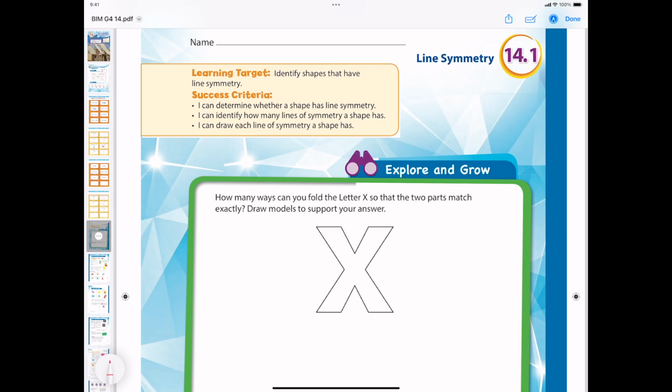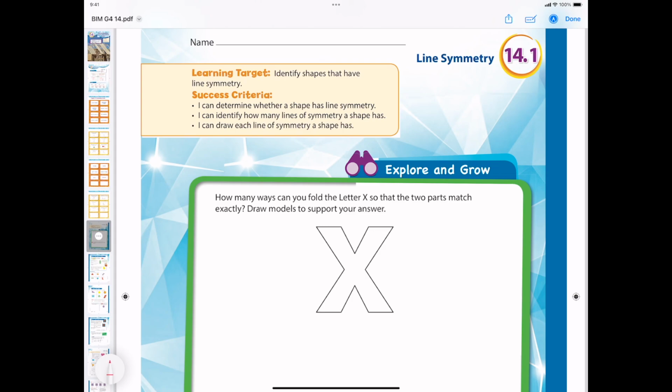Identify shapes that have line symmetry. Okay, and I can define whether a shape has line symmetry or identify how many lines of symmetry a shape has. Draw each line of symmetry a shape has. That's the things that we are going to take a look at.